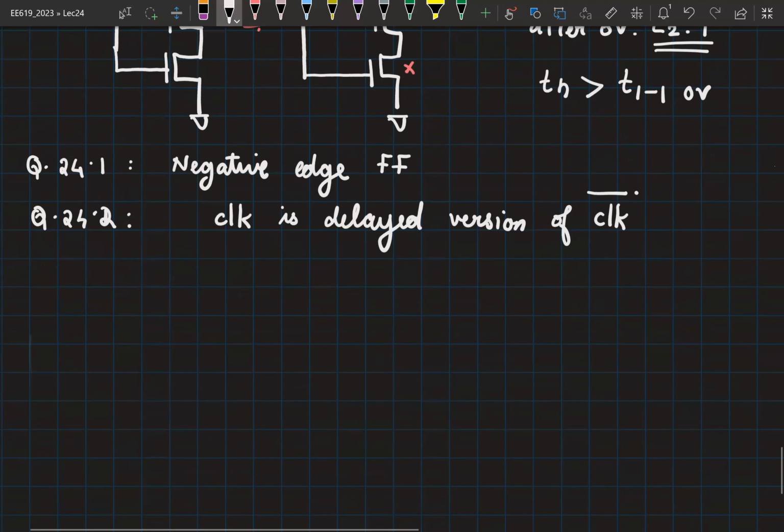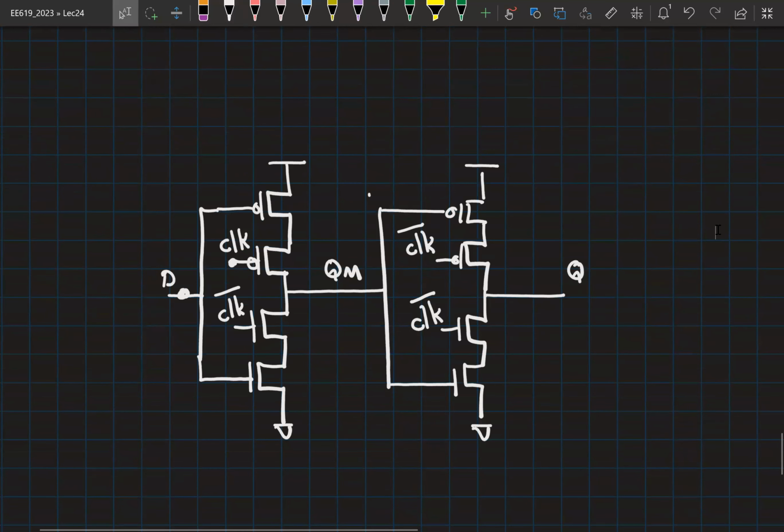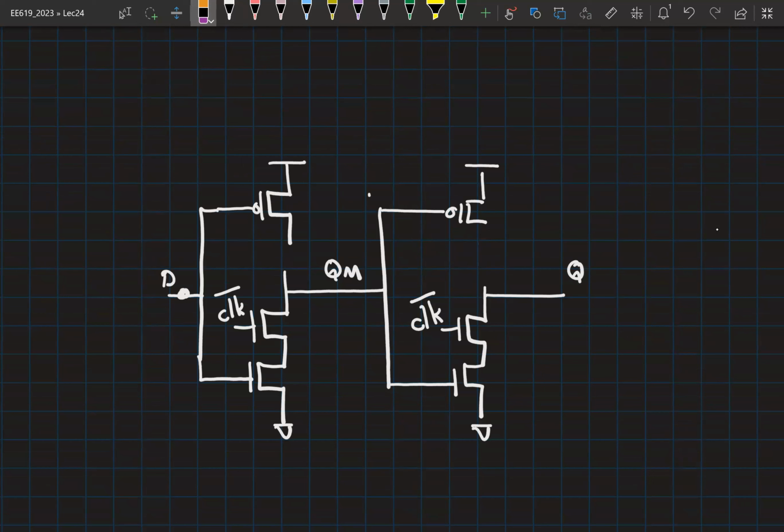So now let me give you a circuit. I'm going to start by taking our flip-flop and I'm simply removing these PMOS transistors. And let's say I connect both of these to clock. Can you tell me what is the functionality of this circuit?